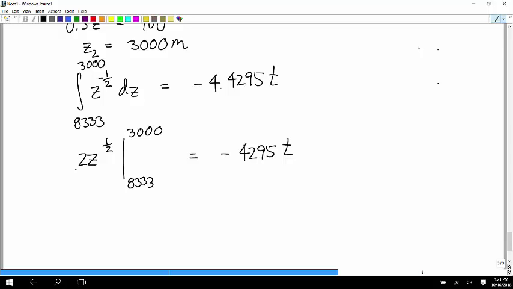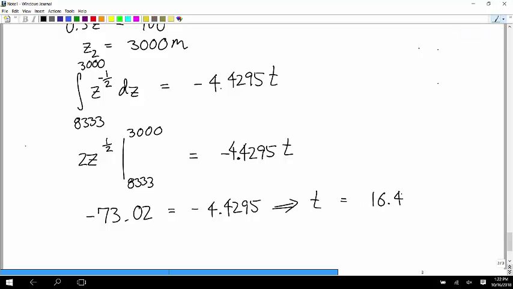Negative 73.02, okay, is equal to negative 4.4295 t. So what's T? 16.48 seconds.